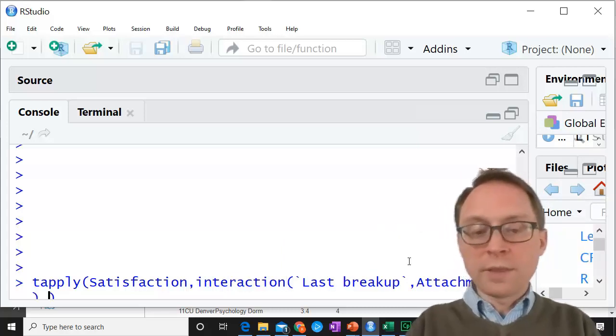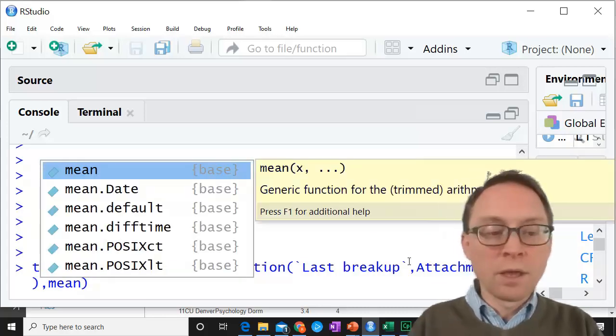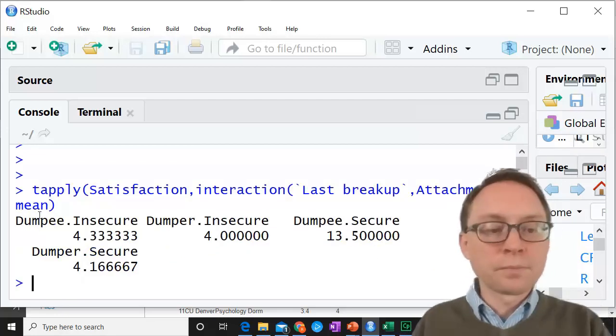When I do this, and then I put a comma, mean, it's going to give me the mean of satisfaction for each of these. So here we go.